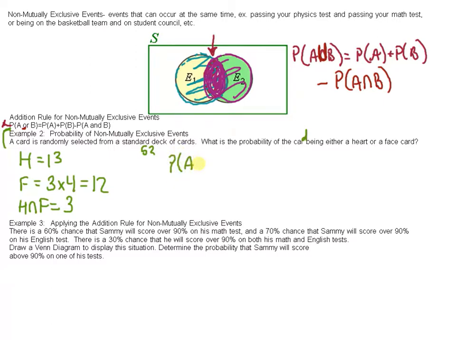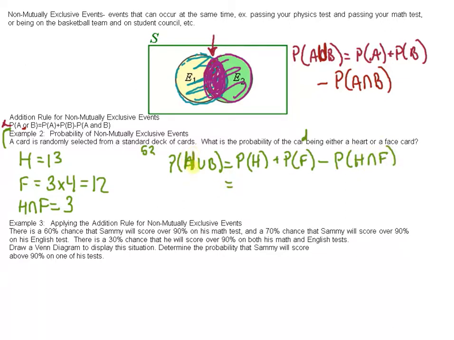Probability of A or B equals probability of A, so the probability of hearts, plus the probability of a face card, minus the probability of a heart and a face card.